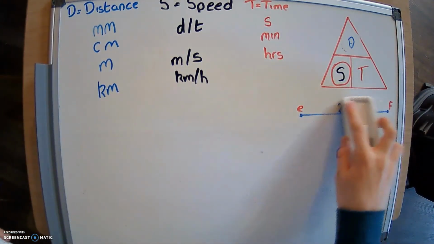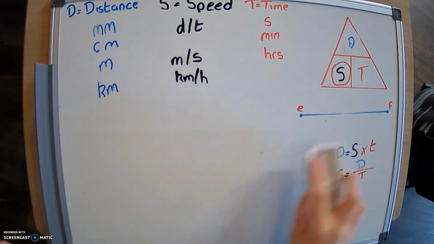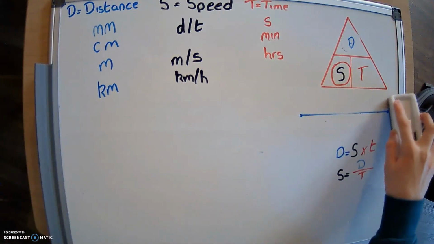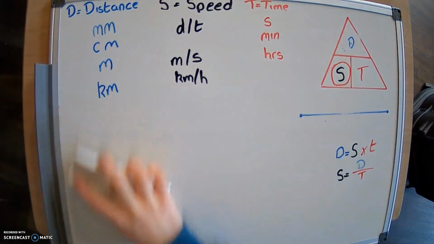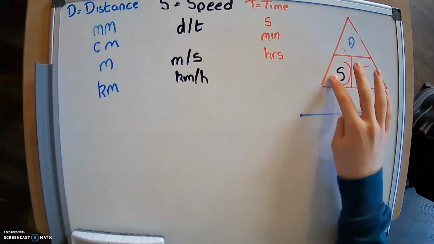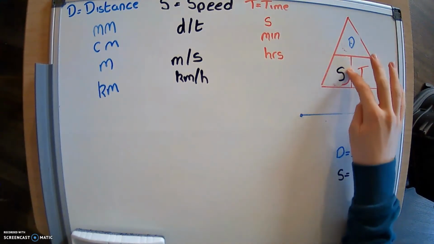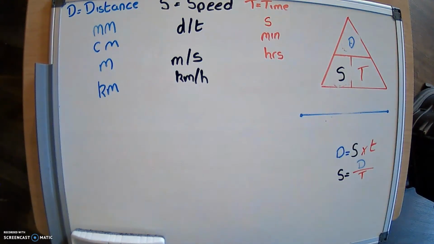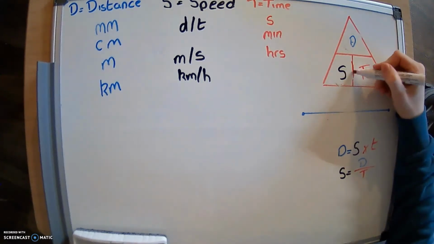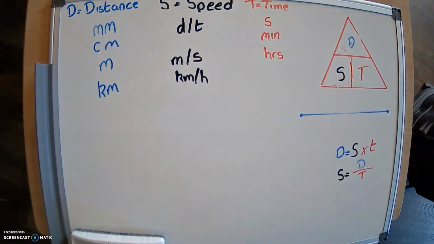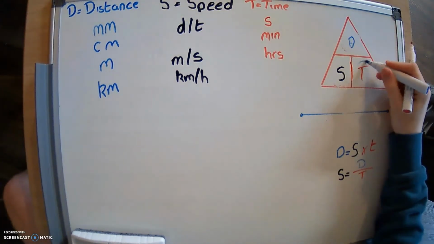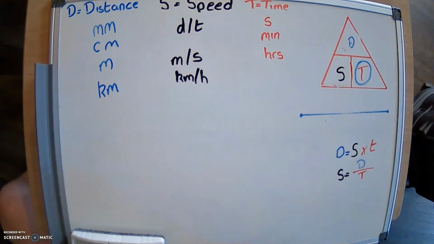And finally, to finish up, we are going to talk about time. Get rid of my circle around my S. So this time we're looking for time. So we will circle time.